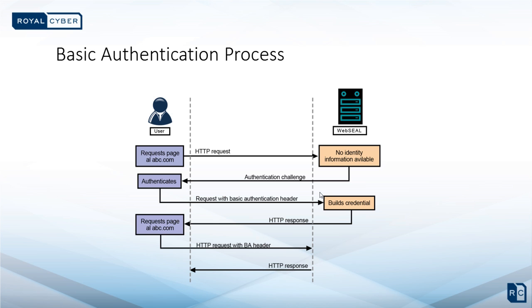This is the first request, so there is no match. WebSeal authenticates the user and builds a user credential from the information in the basic header. The credential authorizes the user, and then the information is stored in the cache. WebSeal also associates the user credential with the session key. That session key can be an SSL session ID or an HTTP cookie.